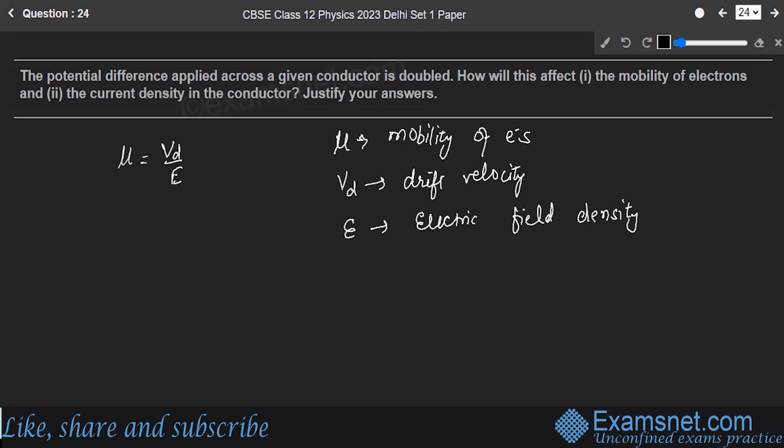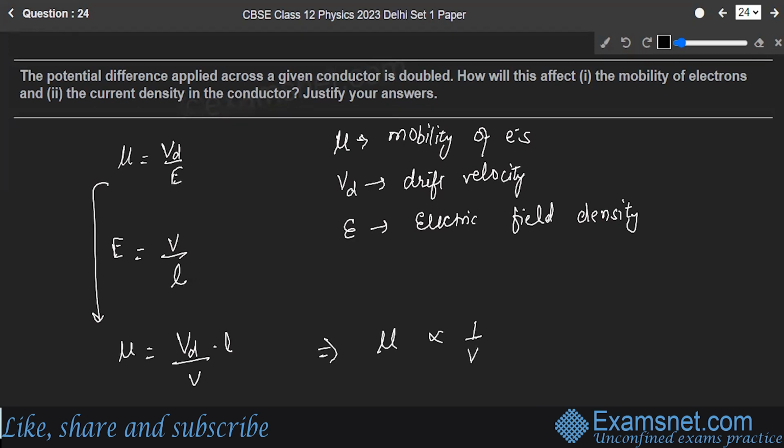Also one more thing, E is equal to V, that is the potential difference, upon L. So the mobility of the electrons is given by Vd upon V into L. That means the mobility of the electrons is inversely proportional to the potential difference.